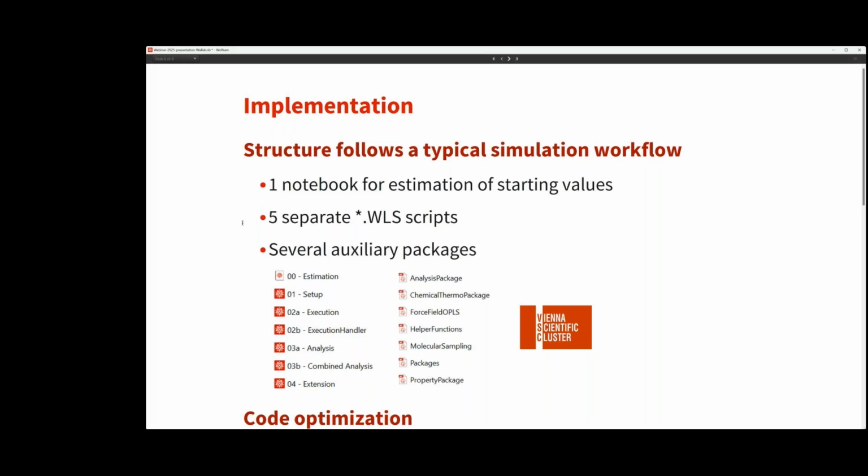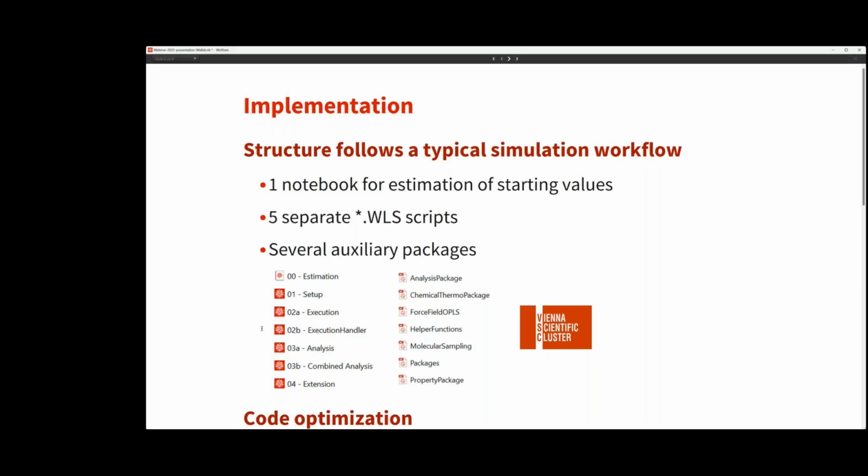So one is for the simulation setup. Then one is for the execution on a workstation or an execution handler for execution on a computer cluster where you have several nodes. Because in particular, we also run the software on the Vienna Scientific Cluster, which represents an Austrian initiative of high-performance computing.